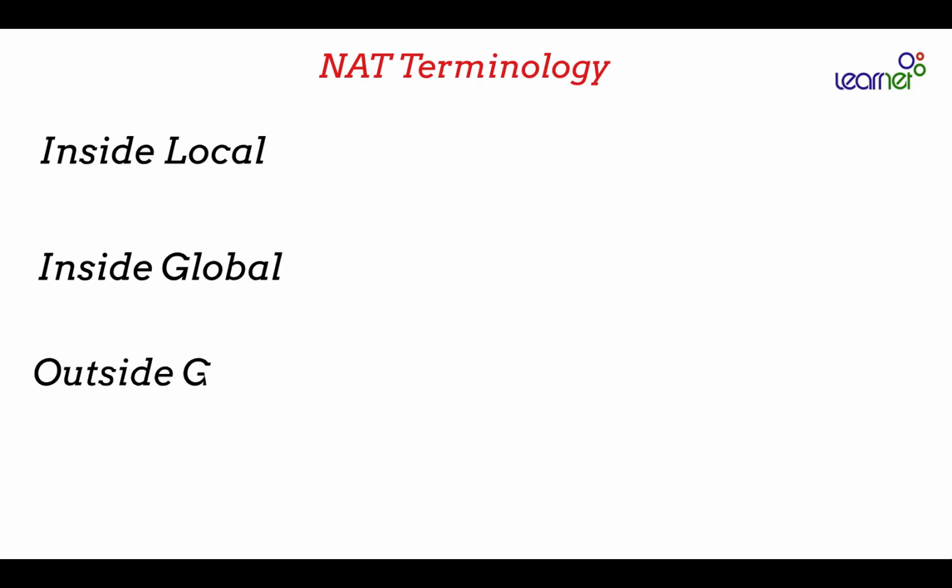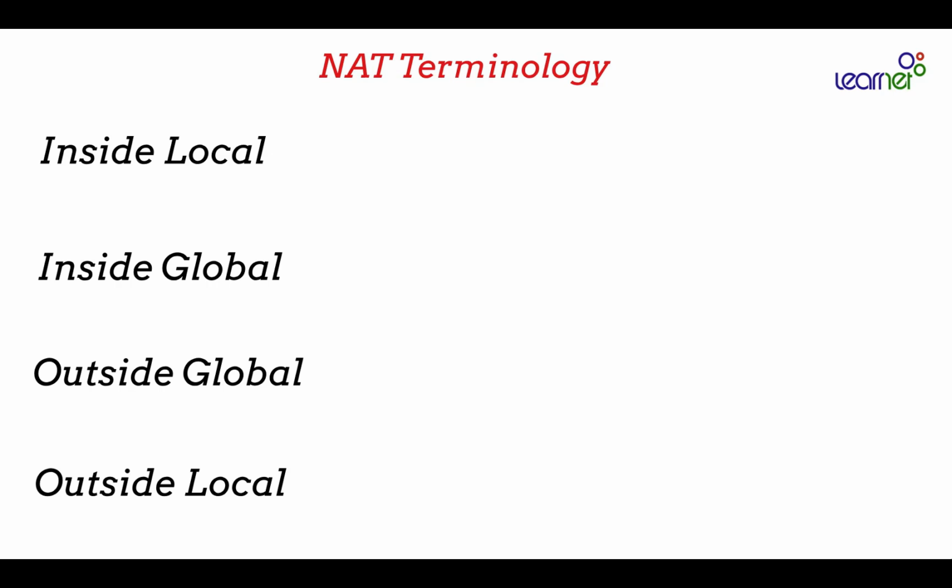Before wrapping up today's video, we have to review some NAT terminology, which is normally a bit confusing. First of all, based on the previous slides, you became familiar with inside and outside. Inside means something inside your organization or your enterprise. And outside means something outside of your network, namely the internet.